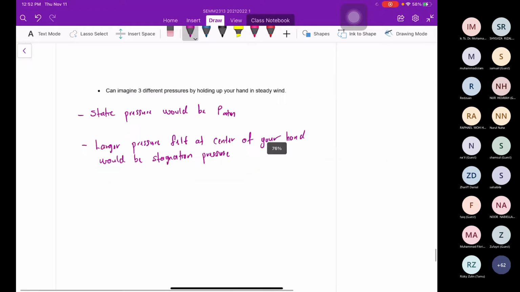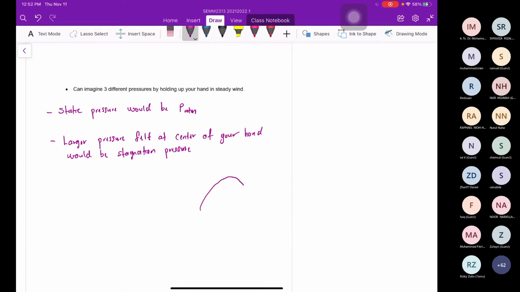Because at the mountain there, this is you, you raise your hand, and the wind moves here and stops at the center of your hand, at your palm. You will feel the large pressure. That is the stagnation pressure.